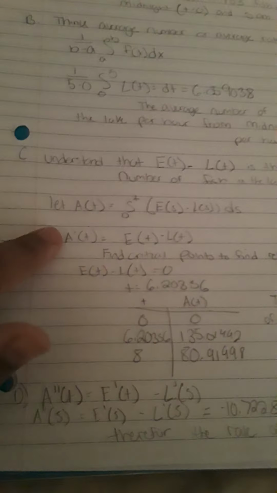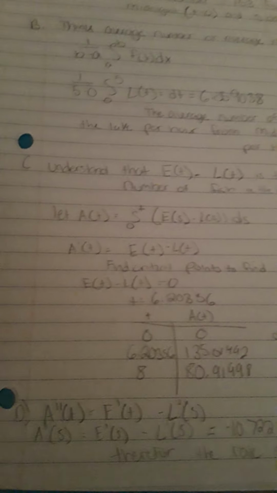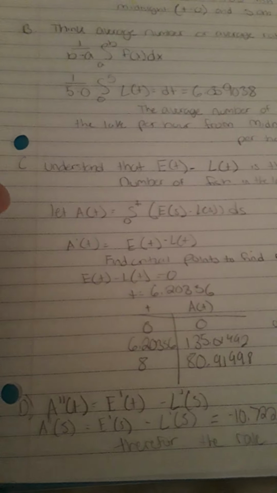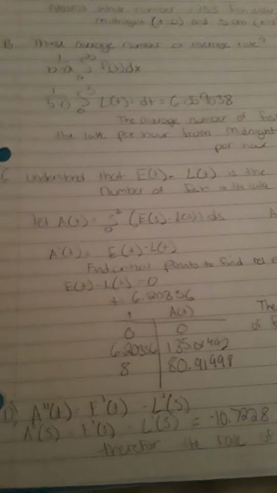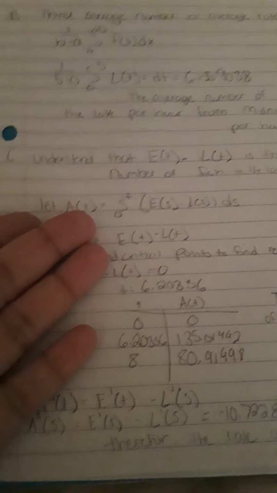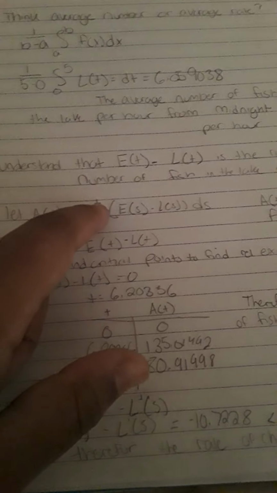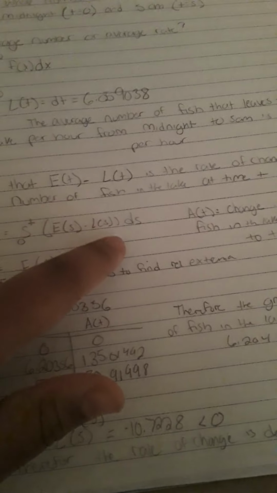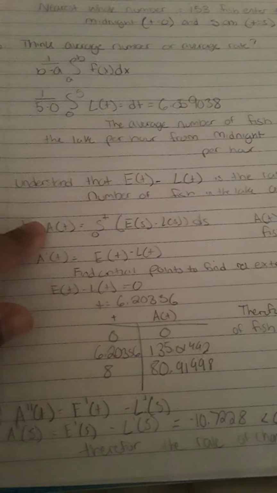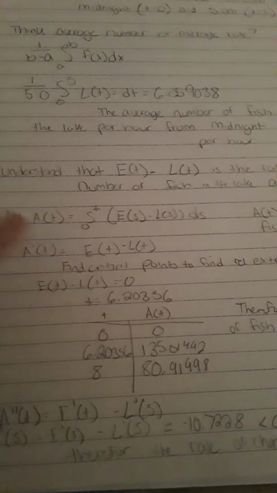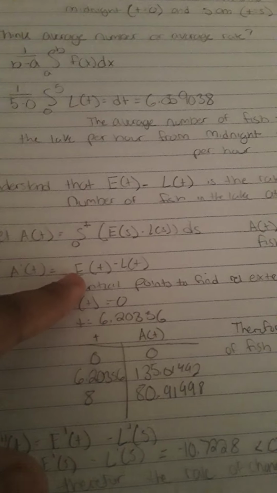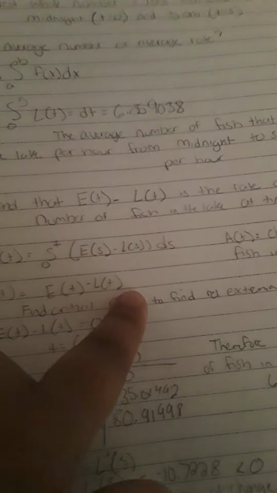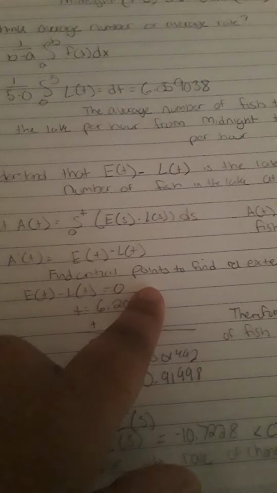And then I just picked A(t), but it can be B(t), whatever. I let A(t) equal the integral from 0 to t of E(s) minus L(s) ds. So I can basically find the rate of change in simpler terms.